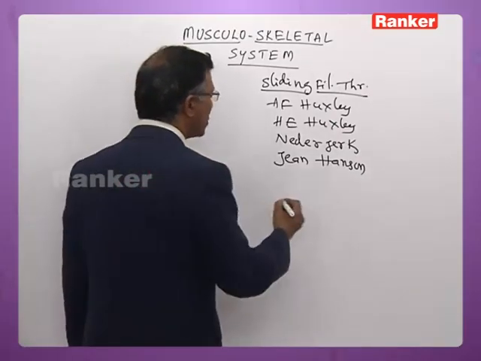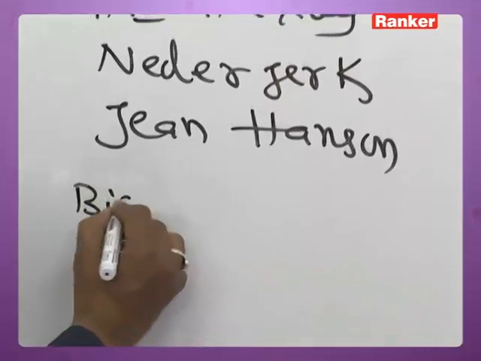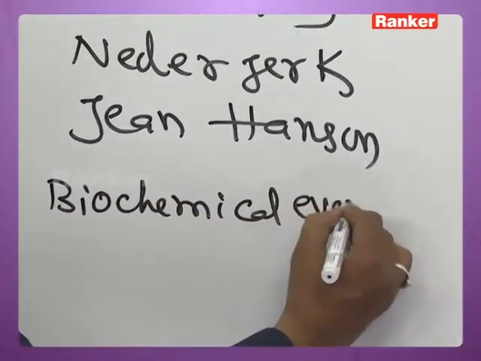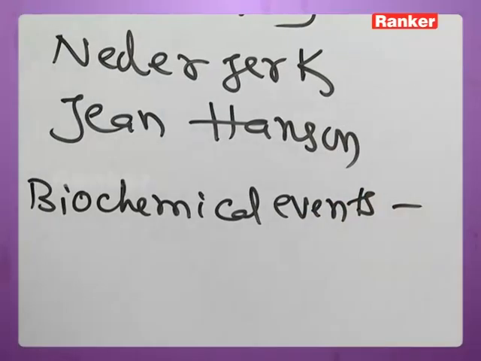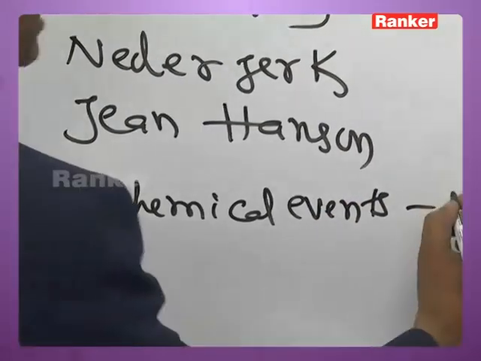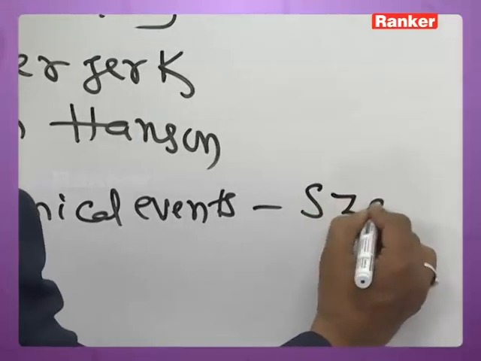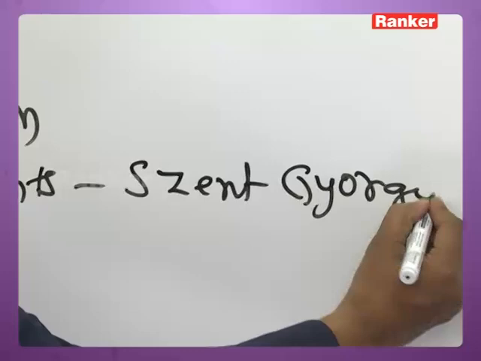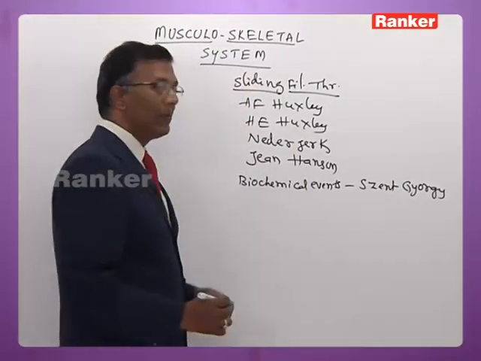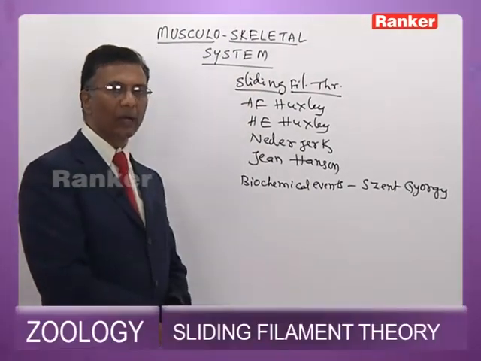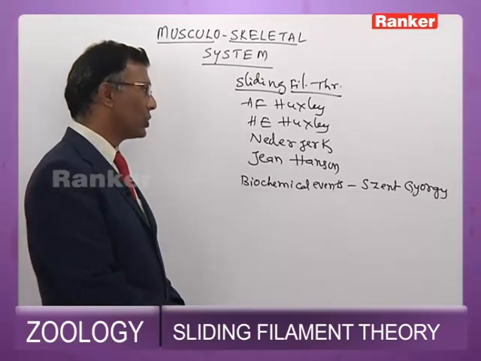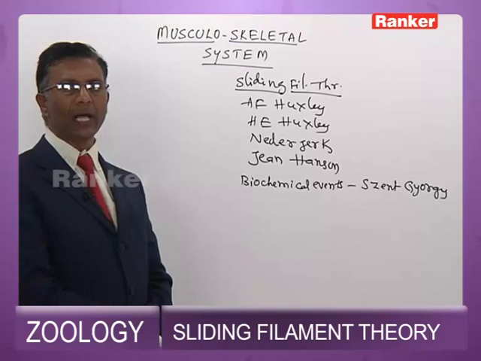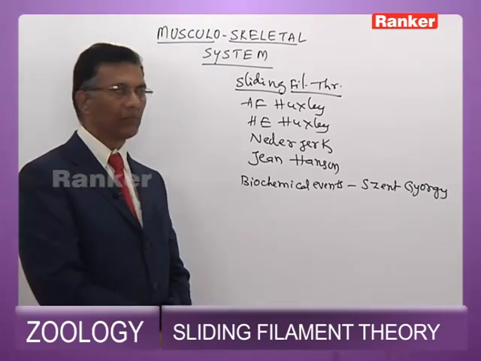The biochemical events that occur during muscle contraction were envisaged by Szent-Györgyi, whereas the theory was put forth by A.F. Huxley, H.E. Huxley, Niedergerke and Jean Hanson.